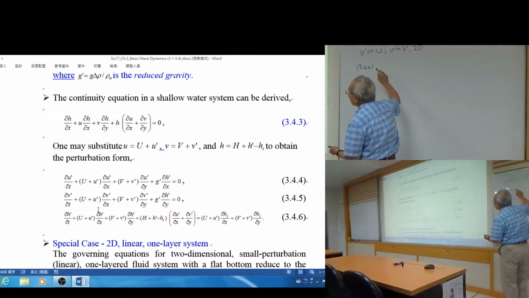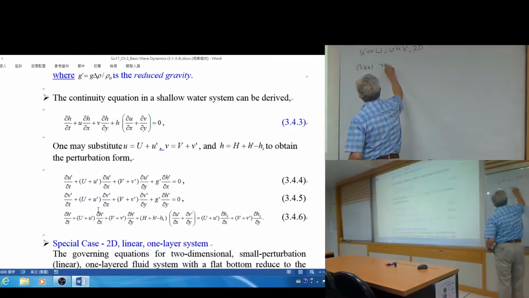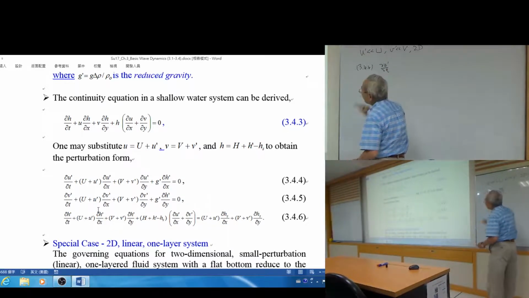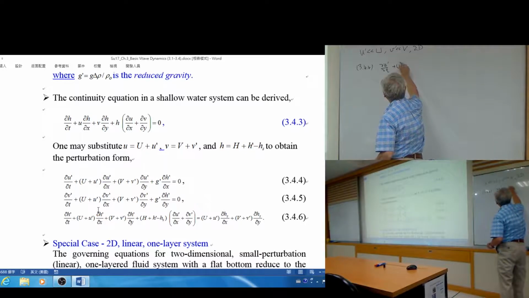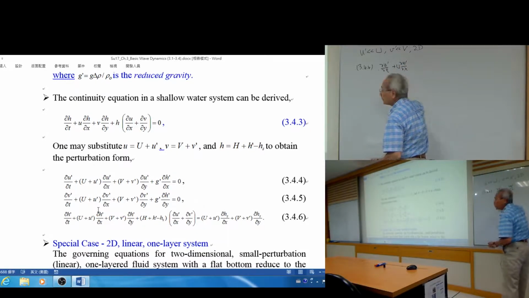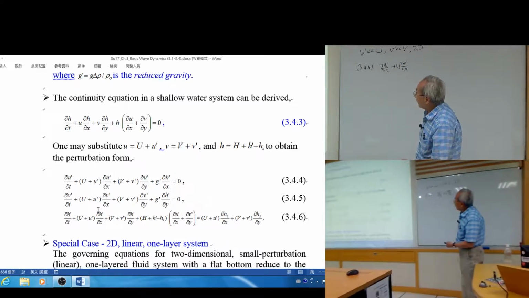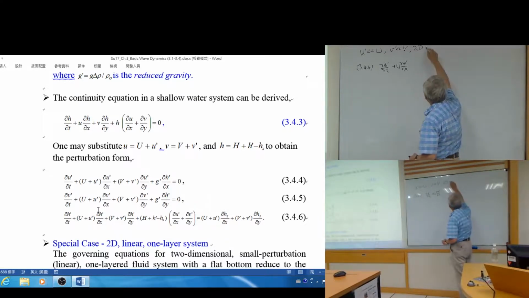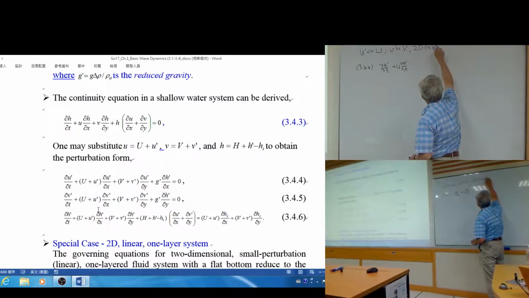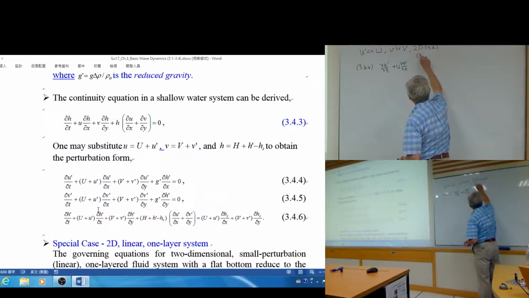In 3.4.4, the first term will remain the same, and the second term will become U partial x. And then 2D, our 2D is on the x and z plane, that means partial y will be equal to 0.